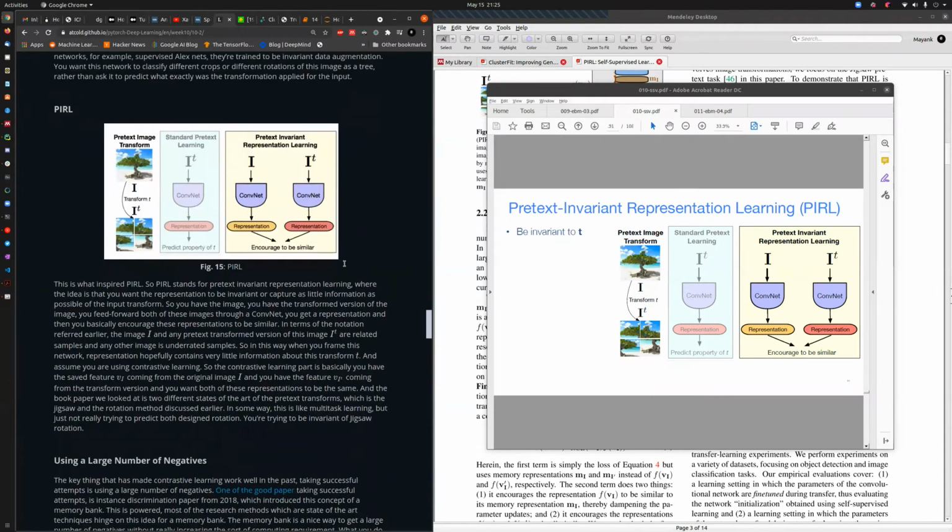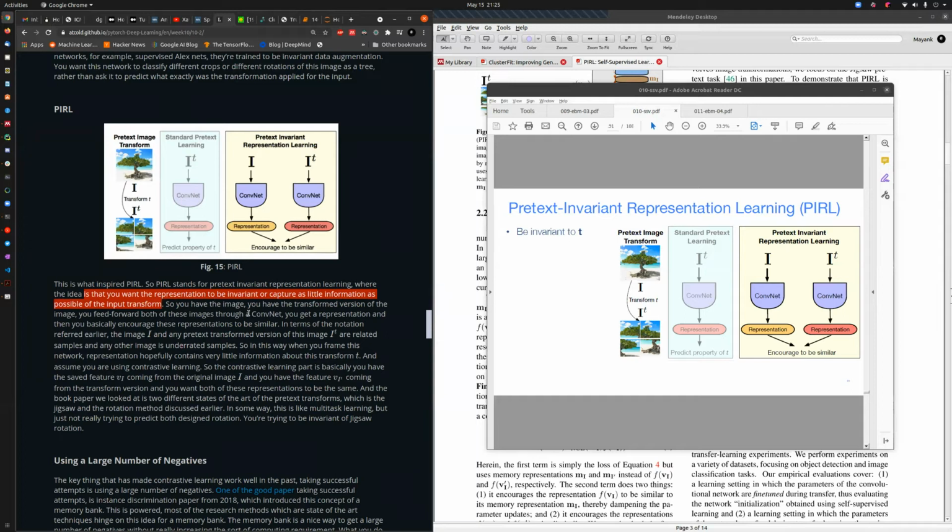and this is pretext invariant representation learning. The idea is you want your representation to be invariant, or capture as little information as possible of the input transform.